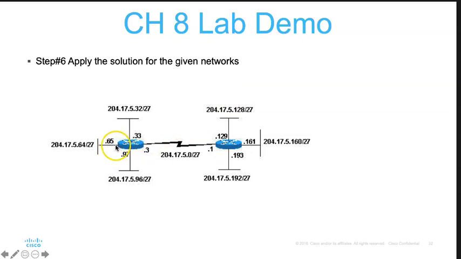and give the first serial 0/0/0 the IP address 204.17.5.65. I'm sorry, not 192.168. 204.17.5.65 for this interface, and you put a space, 255.255.255.224, and you move to the next interface, int s0/0/1, and the same.